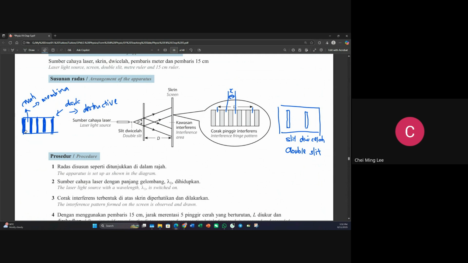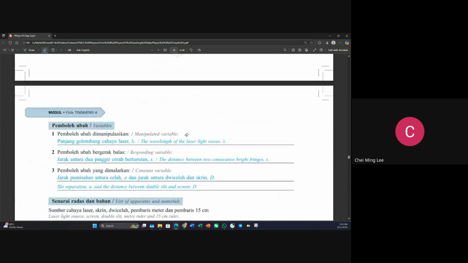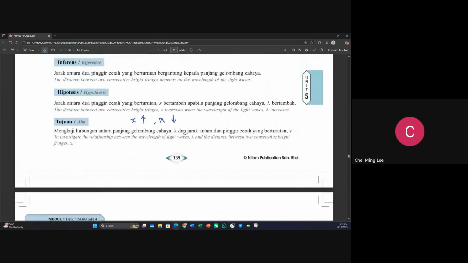This is the bright side, which is the constructive one. This is the dark side, which is the destructive one. The hypothesis is that when the distance increases, the wavelength decreases.